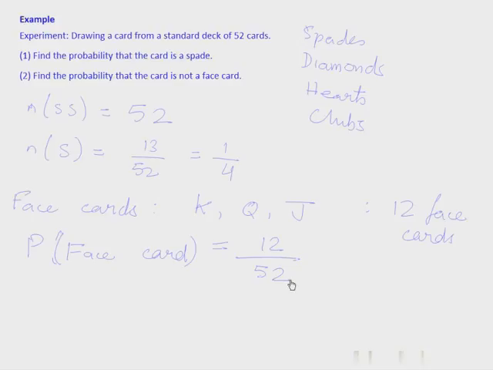So the probability that it is not a face card, that's P not face, would be 1 minus 12 over 52, which is 40 over 52, which I leave to you to reduce to your heart's content. So again, we use the complement to simplify the question.